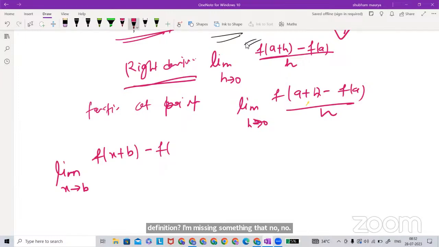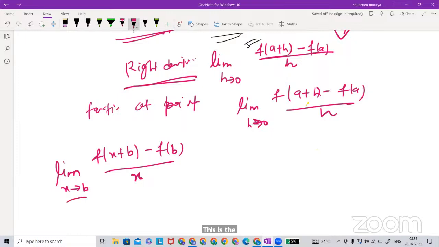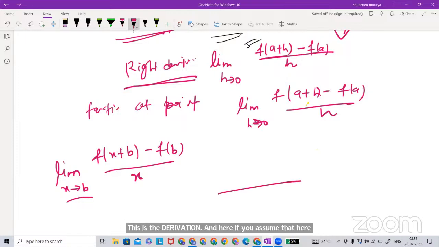So x goes to b, and x plus b minus b is b upon x. This is the derivative definition. If you assume the left derivative and right derivative are embedded here, you can approach b from left and right.